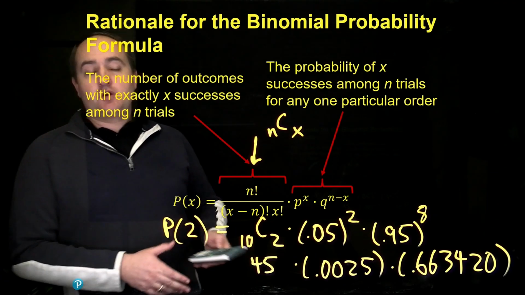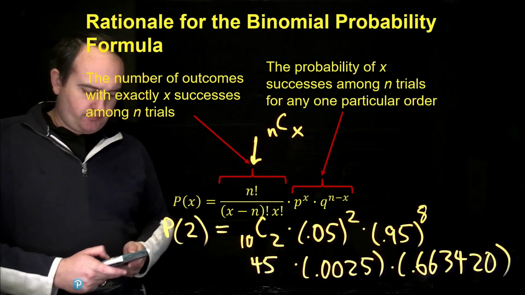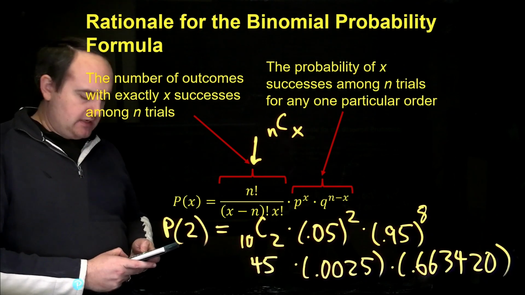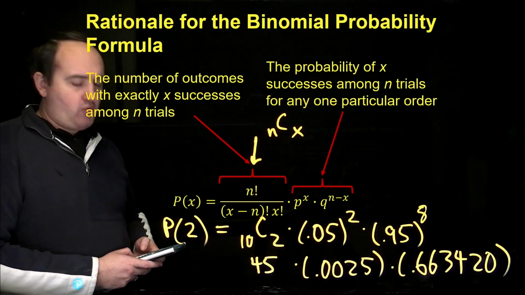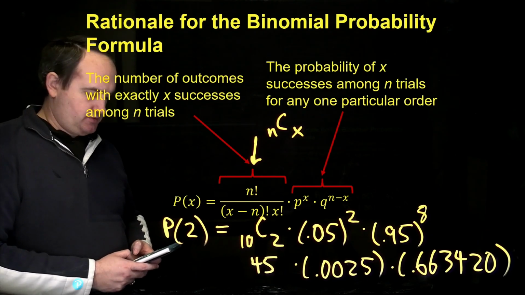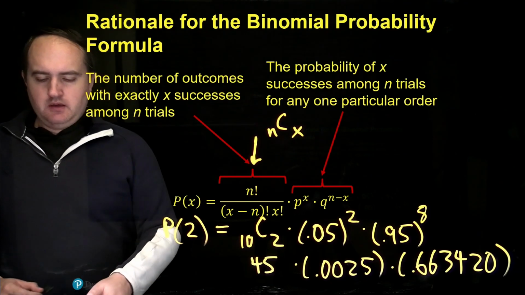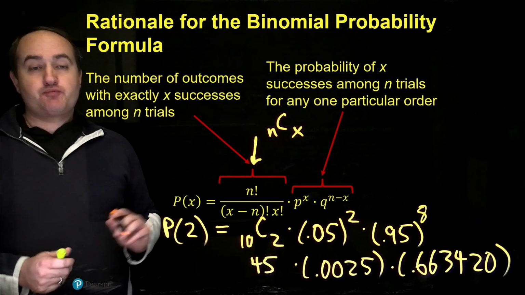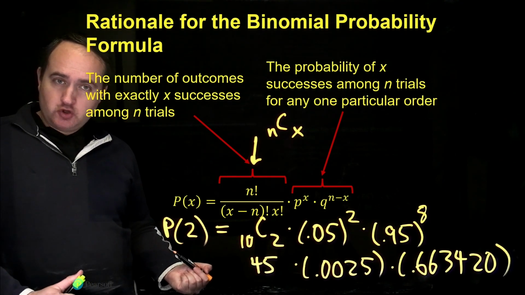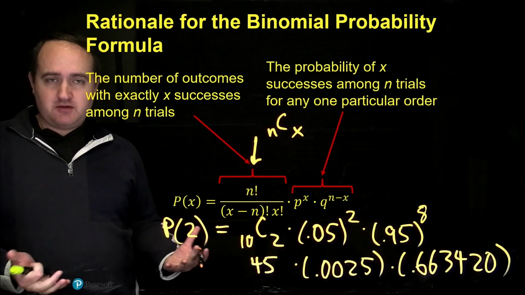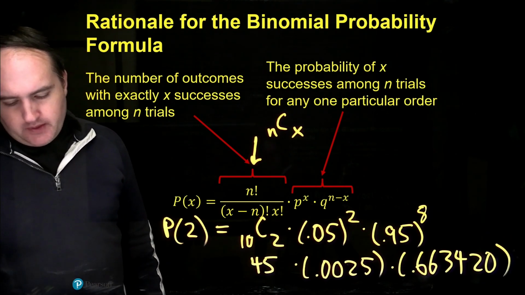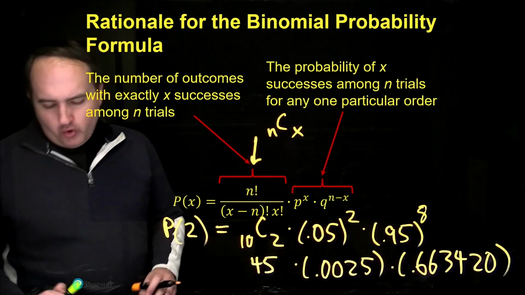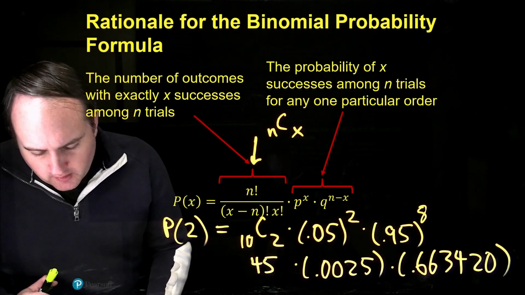Okay, so now if I go ahead and multiply these three numbers, on my calculator I got 45 times 0.0025 times 0.663420. And that gives the probability of exactly 2 of those 10 people being cashless. And that gave me 0.07463.